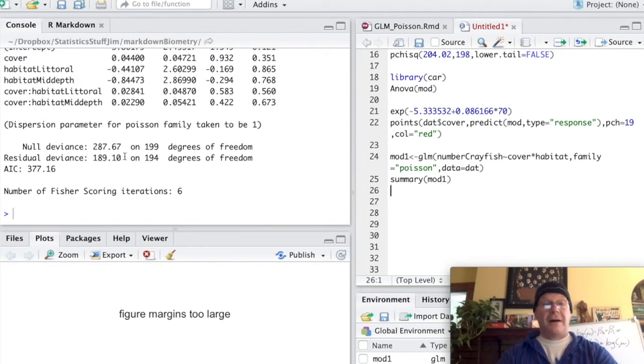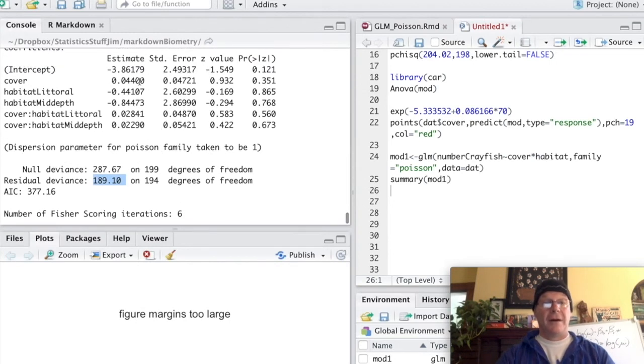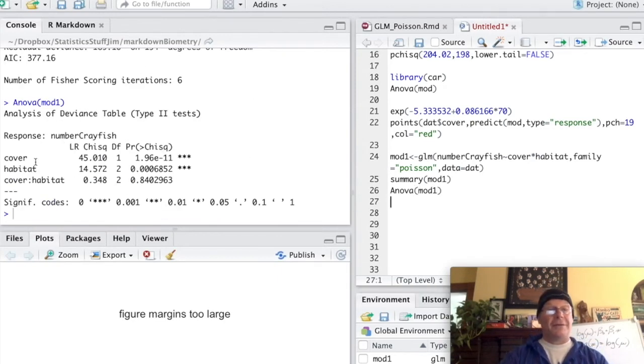Okay. I won't even bother testing for the deviance in this case because it's less than the degrees of freedom, which means I already know what the answer is going to be, which is that our model is doing a very nice job. We have our parameter estimates up here, and let's do an ANOVA on mod 1. And we see that cover is popping up as being important and worth keeping in the model, as is habitat.